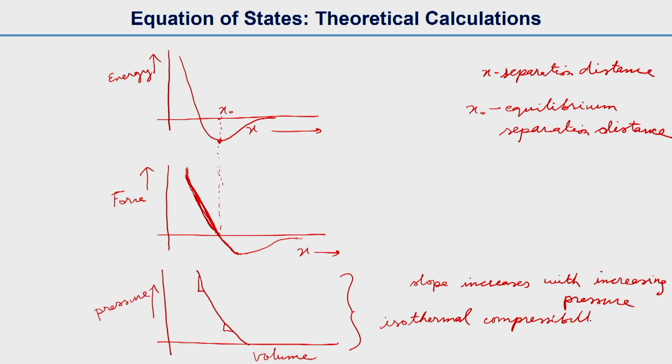The compressibility curve is isothermal, that is, at 0 Kelvin. As I mentioned, this pressure volume curve can be obtained from the force separation distance curve.